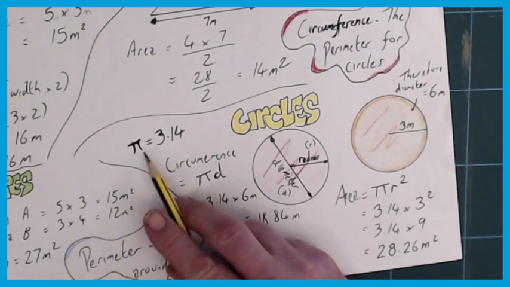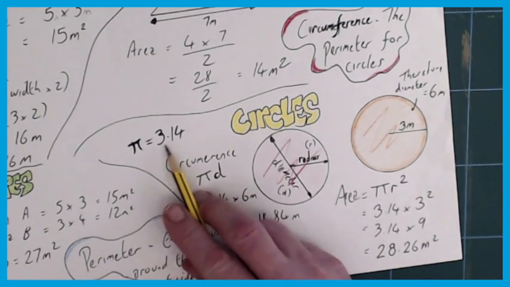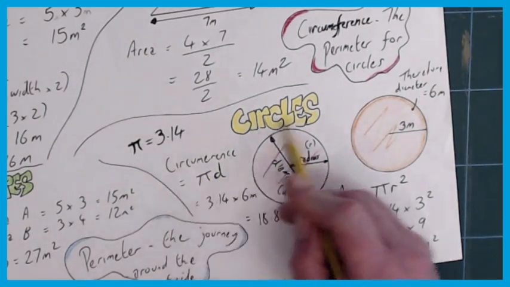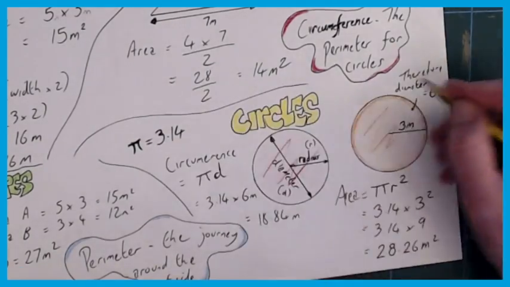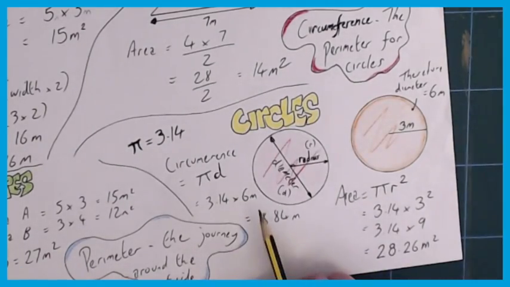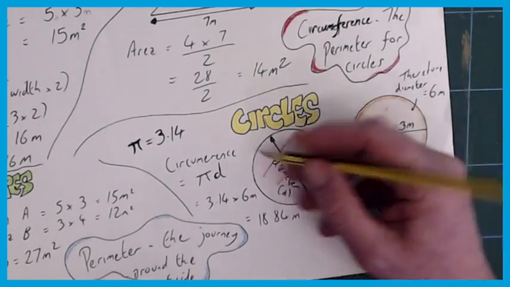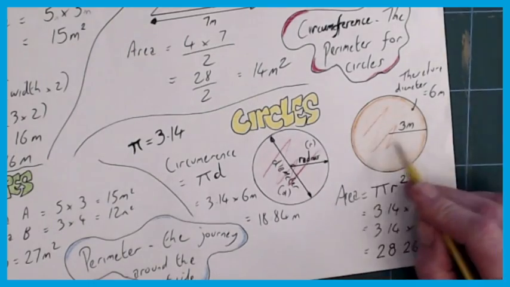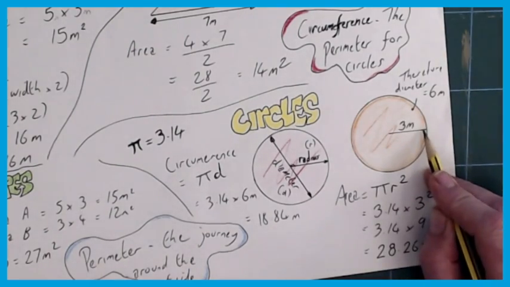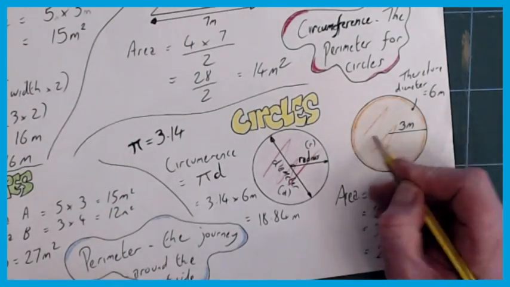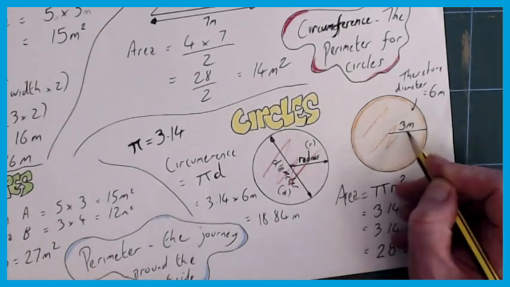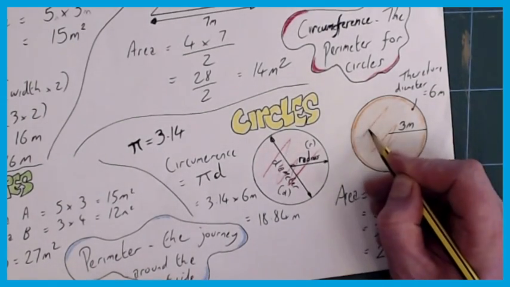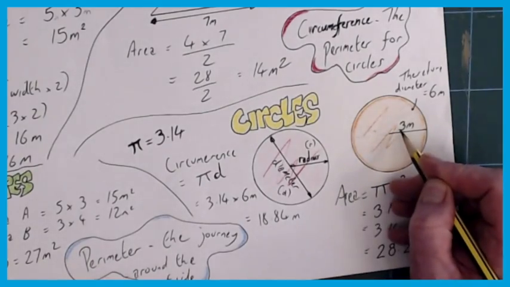And we're going to say pi is 3.14, just to make life easier and so you don't end up with a number with loads and loads of digits recurring all the way down. So we're going to look at this one here. This has a radius of 3, so the diameter is twice 3, which gives you 6.